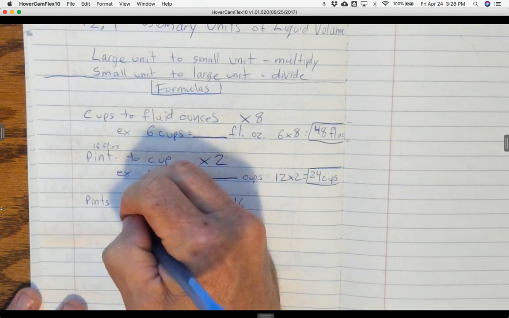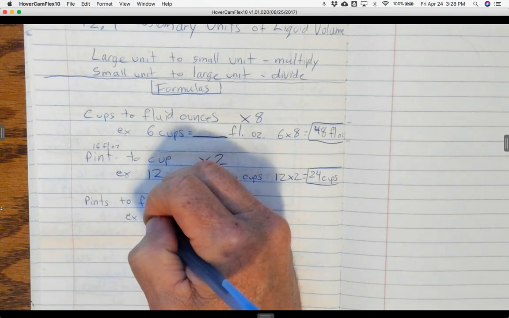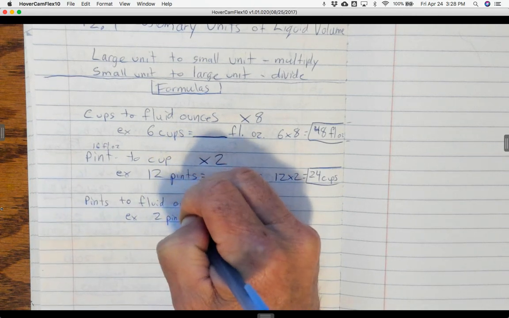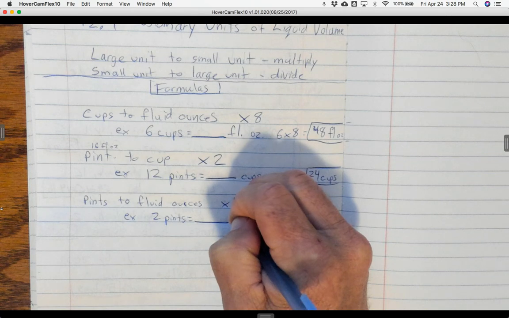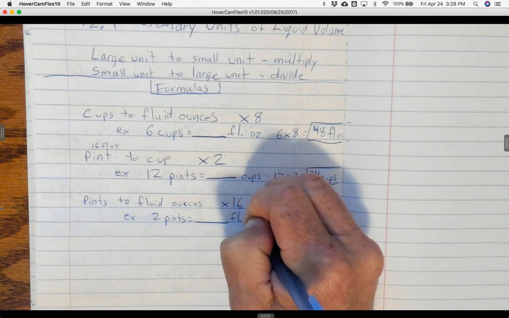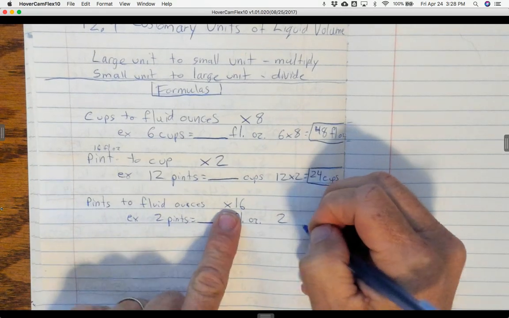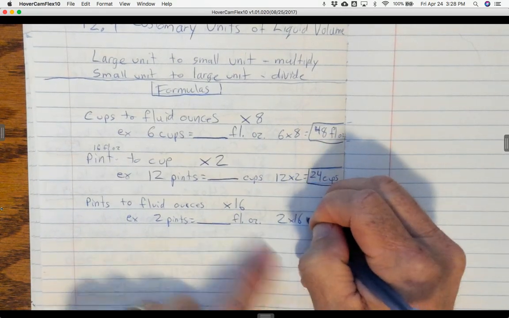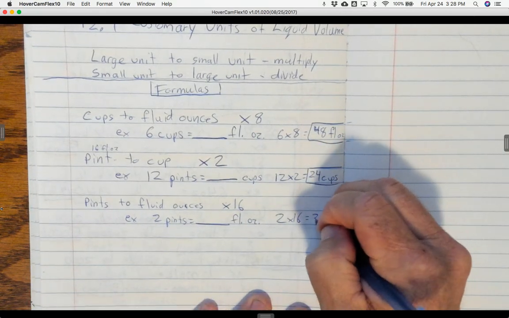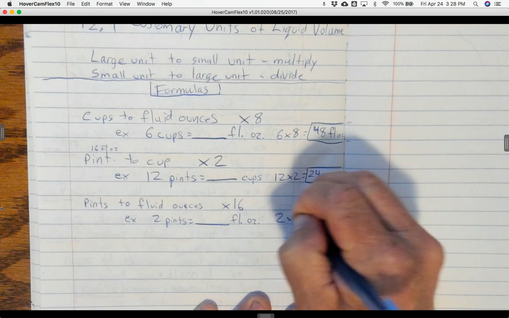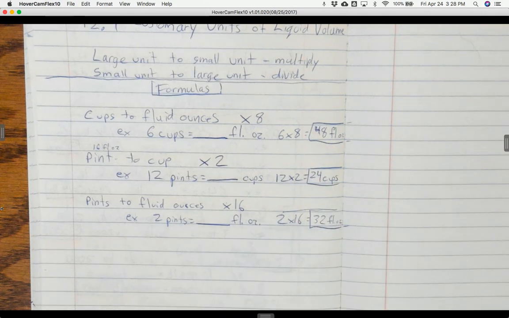So an example problem for this, 2 pints equals how many fluid ounces? Number they give us is 2. Our formula says it's times 16. 2 times 16, that is 32. And 32 fluid ounces, that would be our answer.